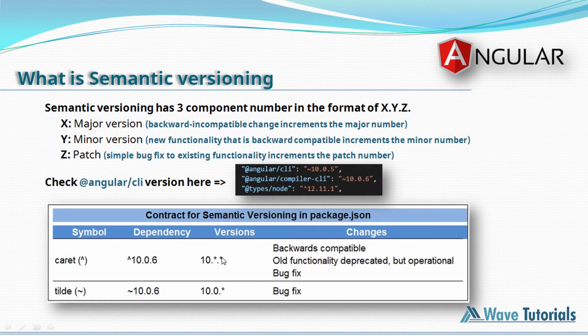And it also includes the bug fixes. If the version contains the tilde sign, then it will change only the patch number. So let's open the package.json file and see it in action.